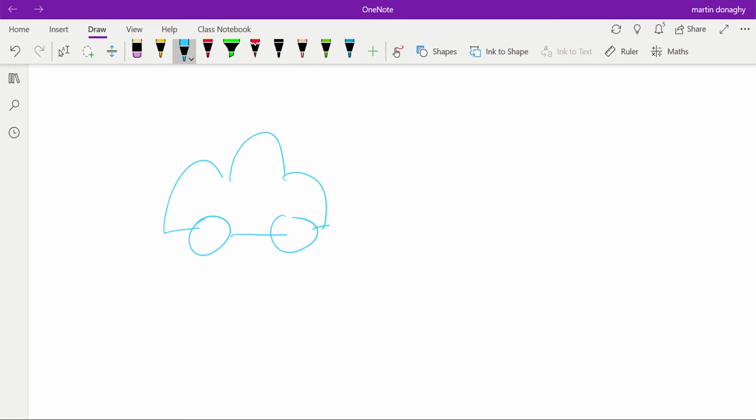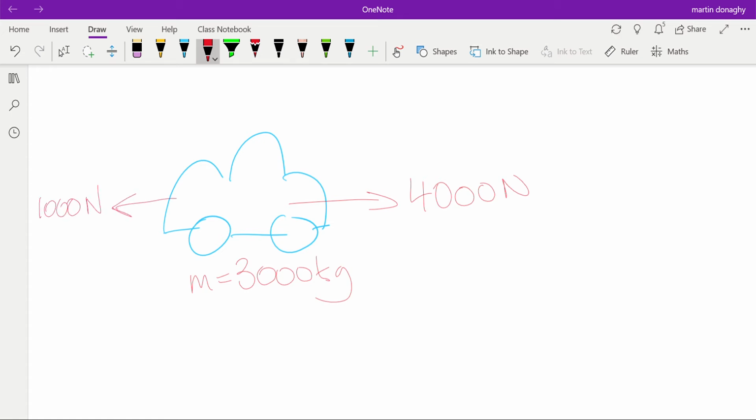We're told that the thrust from the car, the forwards force, is 4,000 newtons, and the mass of our car is 3,000 kilograms. But we're also told there's another force on the car, the drag, which is 1,000 newtons. And we are asked to find the acceleration.